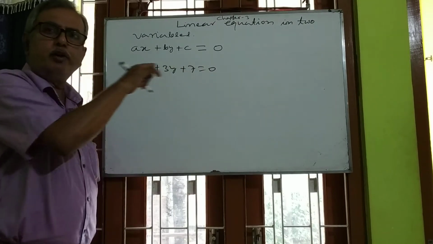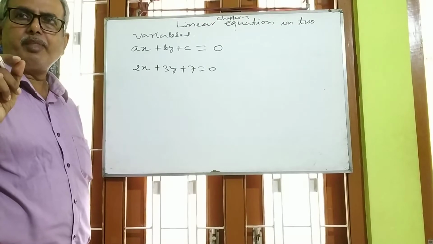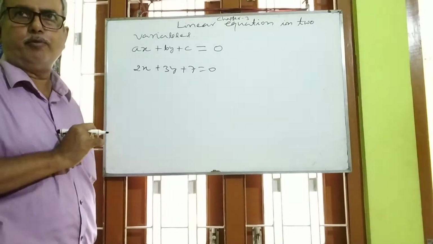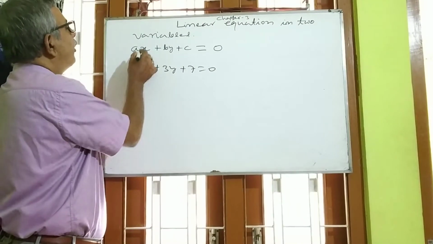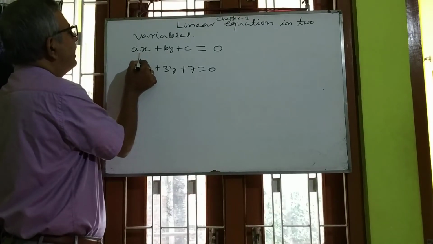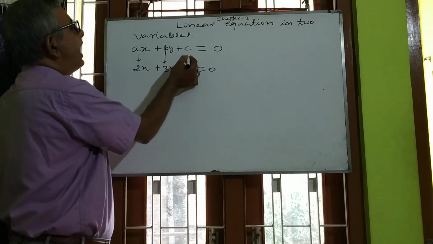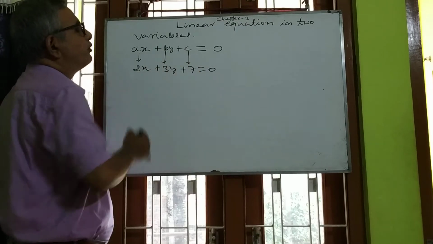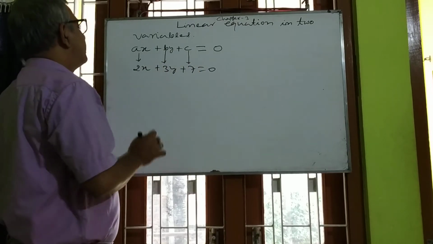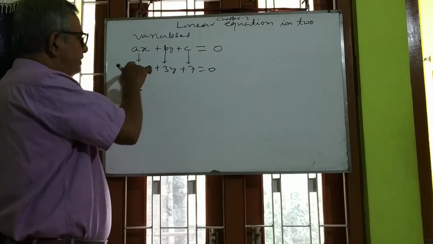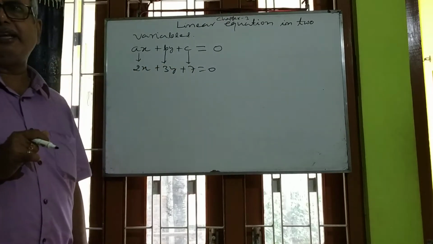This is also a linear equation in two variables. Here, for A, what will you write? For A, 2. For B, what will you write? 3. And for C, what can you write? 7. So, you understood? This is the standard form of linear equation.